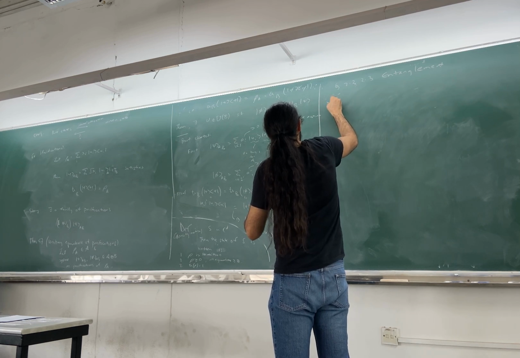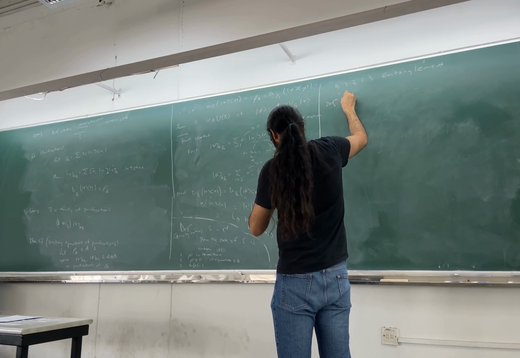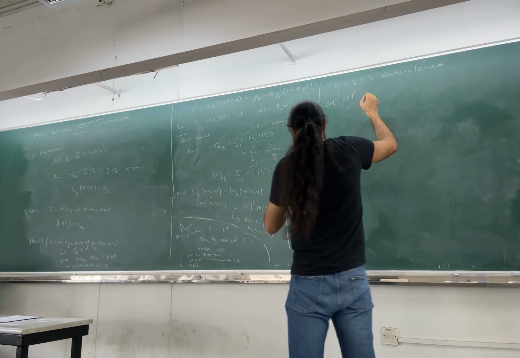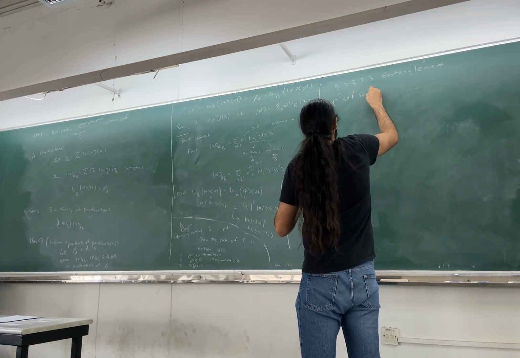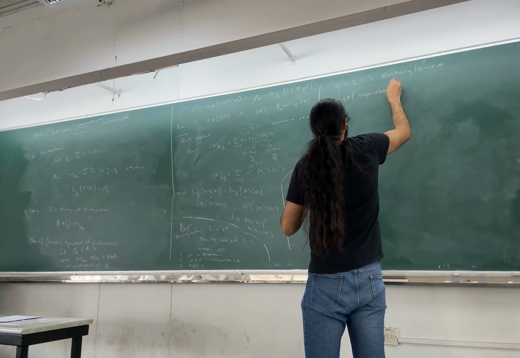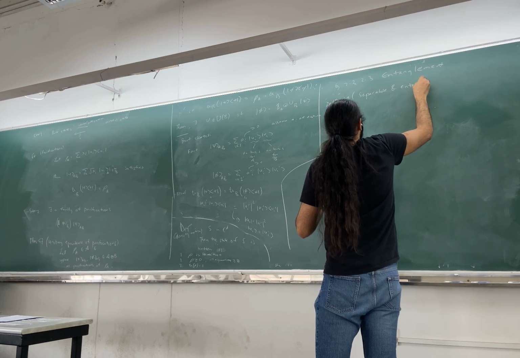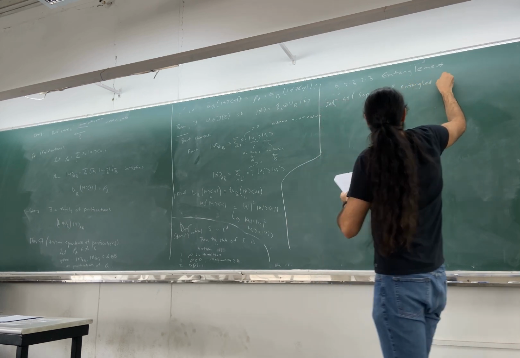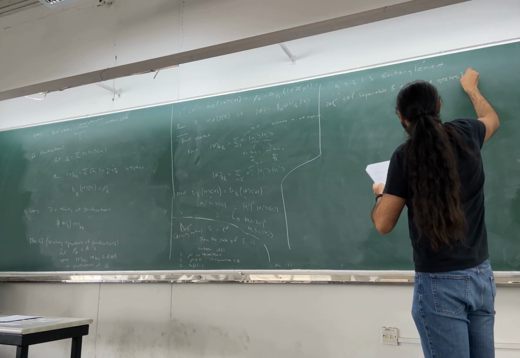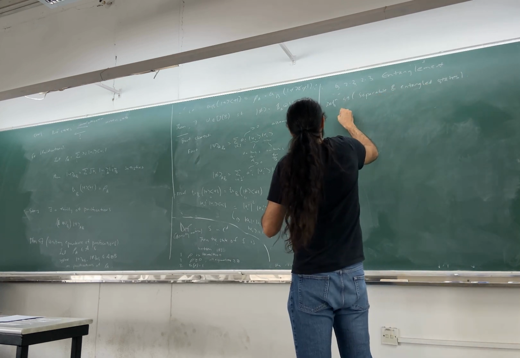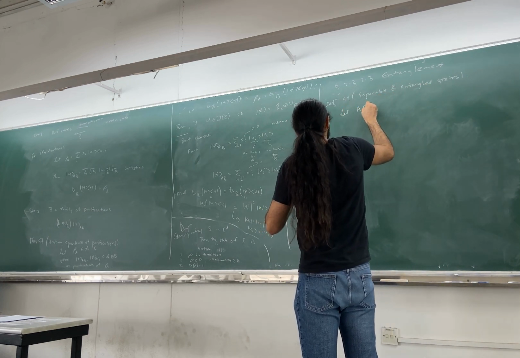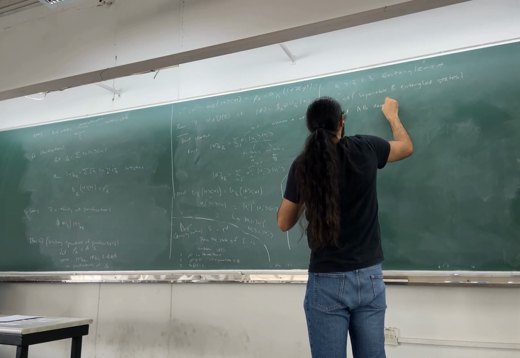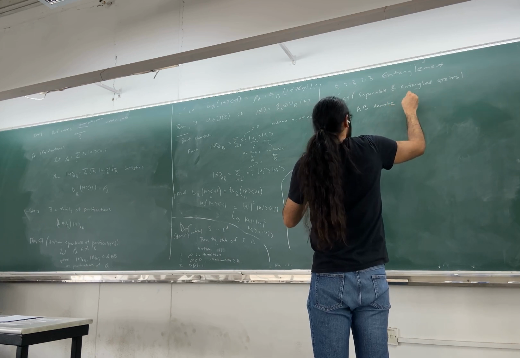But the definition is the following. Definition: separable and entangled states. Let A and B denote two registers.